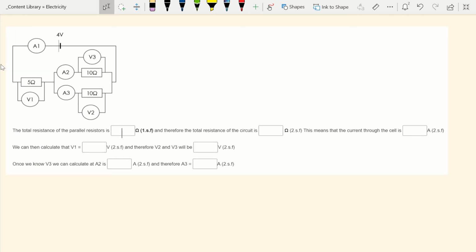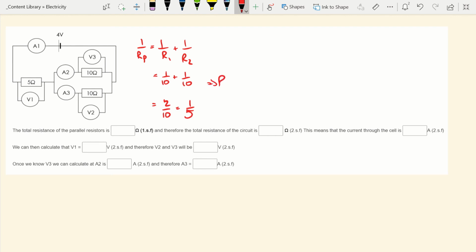The first thing we want to calculate is the resistance of the parallel resistors. Remember that when we have parallel resistors, it follows this rule here. In this case, the 2 parallel resistors are both 10, so this is nice and easy. It comes out as 2 over 10 or just 1 over 5.